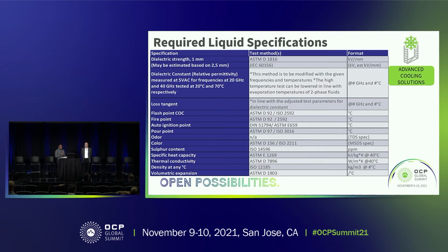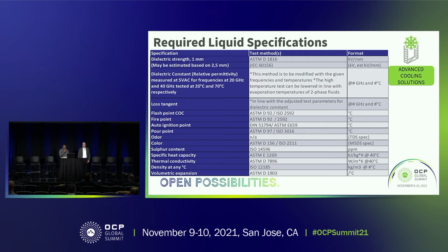This was very good feedback we got from Intel for the signal integrity, about what people are looking for from the chip manufacturer standpoint, and how much we should push forward to evaluate so that we are giving the most realistic testing for the fluids. In the end, the committee came up with the suggestion of testing at 20 gigahertz and 40 gigahertz, and for test temperatures between 20 and 70 degrees C respectively.